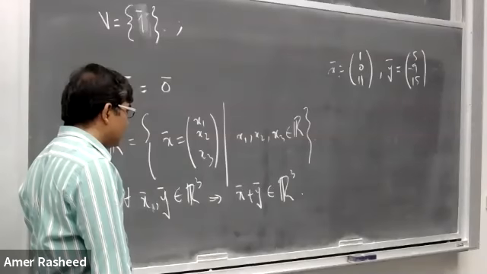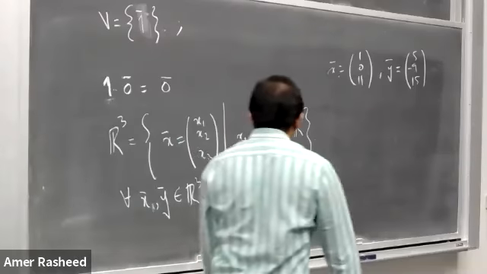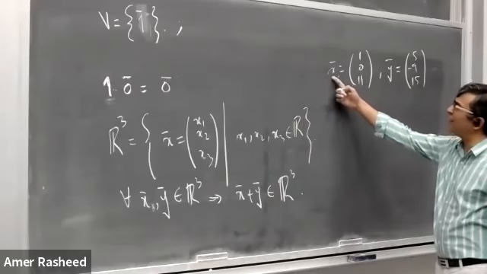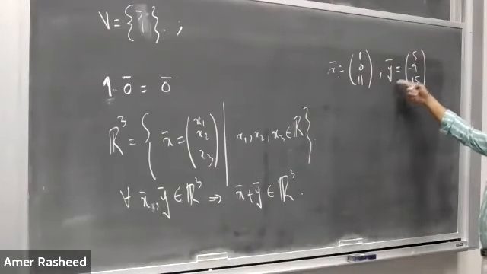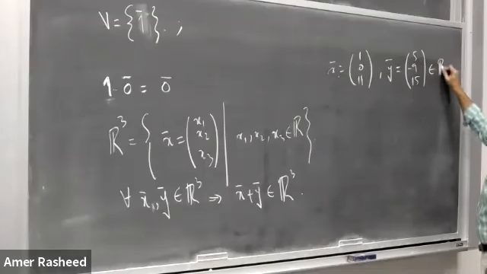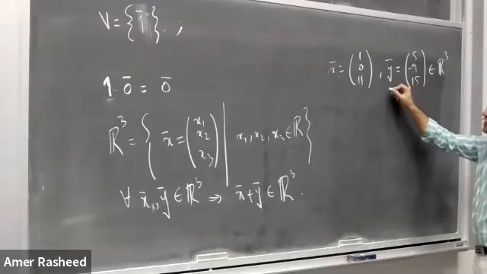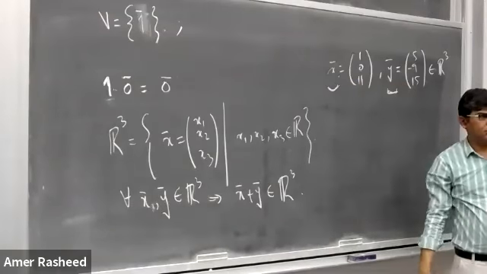In order to make R3 a vector space, we will have to introduce vectors apart from vector x, like vector y and vector z. In fact, basically, I call it x vector, which can have 1 0 11, y vector 5 minus 9 15. They both belong to R cube. This is just notation of another vector in R cube.